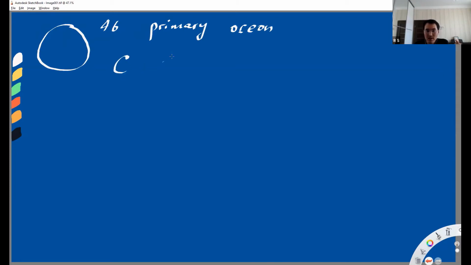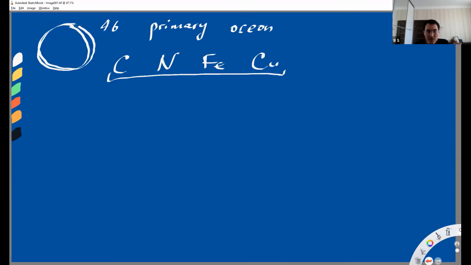So there were C and ferrum, cuprum, etc. And since we didn't have the proper atmosphere to protect the Earth from UV, this UV and also all these gamma, beta rays were bombarding all these molecules.